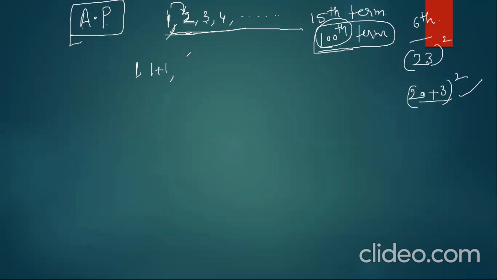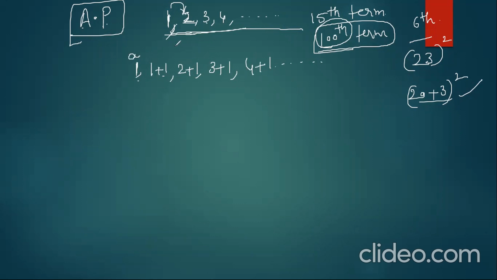And how are you getting 3? 3 also you are getting by adding 2 plus 1, right? Next, 3 plus 1, 4 plus 1. Like this you are getting. So the first term can be called A.